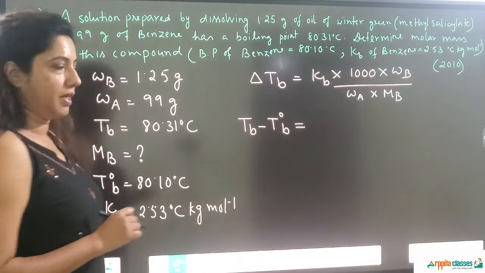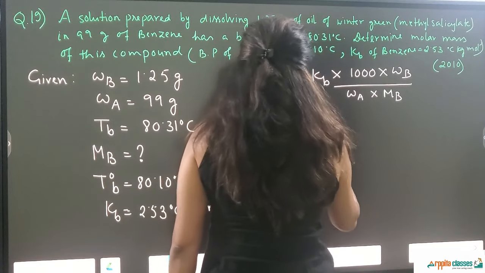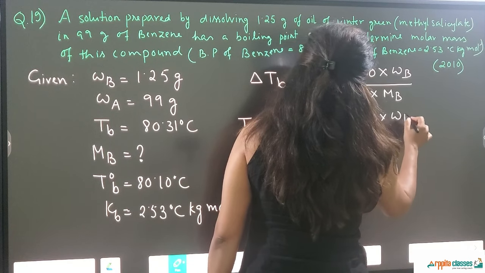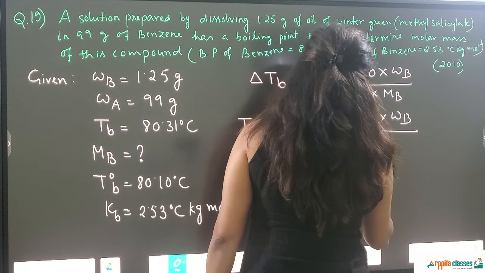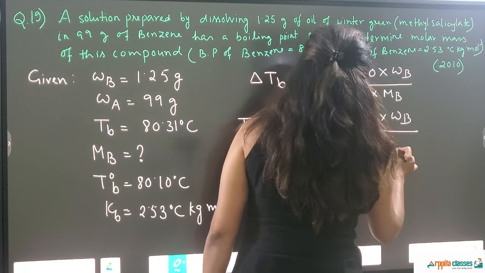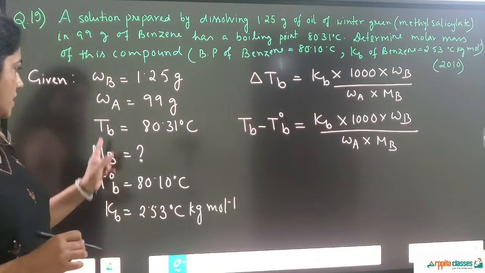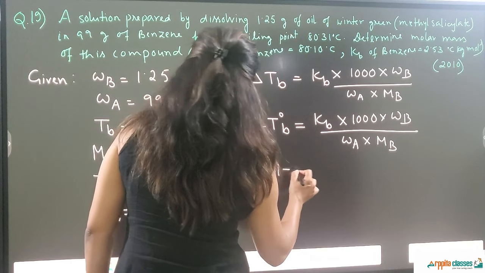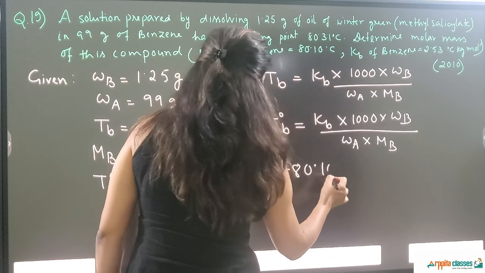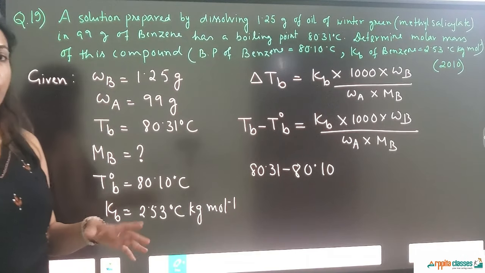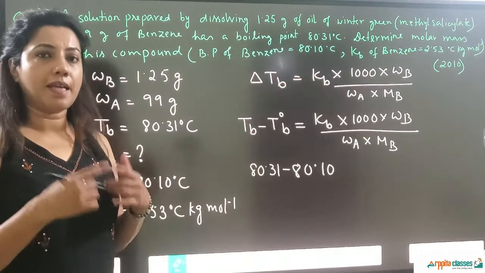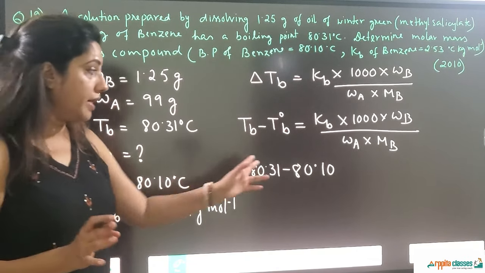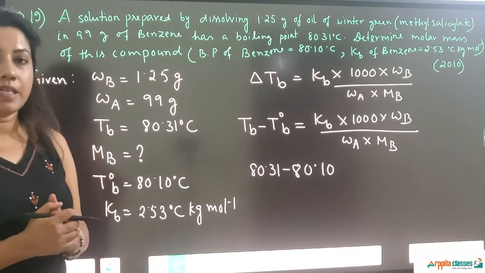So ΔT = Kb × 1000 × WB/(WA × MB). TB is 80.31, so we put 80.31 − 80.10, which is T0B. We don't have to convert them into Kelvin, because the difference in degree Celsius and Kelvin is the same thing.